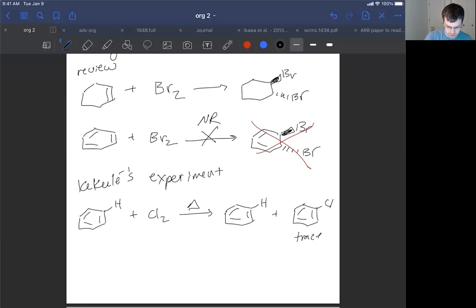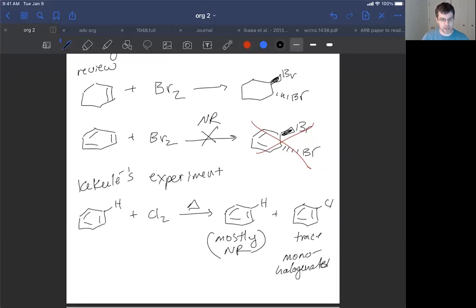So this is mostly no reaction. Under some forcing conditions, he would see just a subtle reaction, but it would only be the monohalogenated product. He wouldn't see any of this trans dichlorinated product.